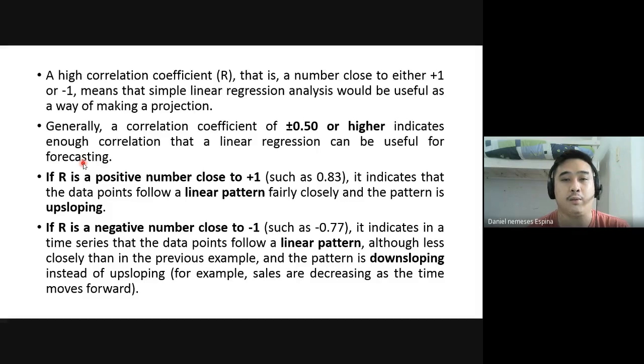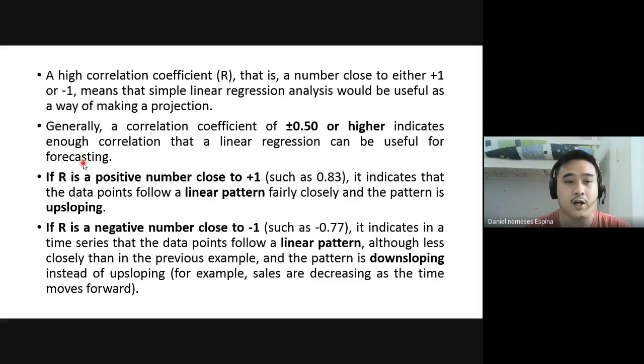So whether it's a hot or cold season or rainy season, i-correlate mo sa food or sa quantity demand for food, and then the resulting coefficient is less than 0.50. So it means that you cannot use the climate as a determinant whether mo increase ba or mo decrease ang quantity demand for food. Okay?